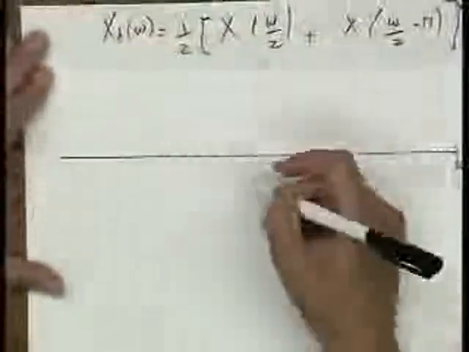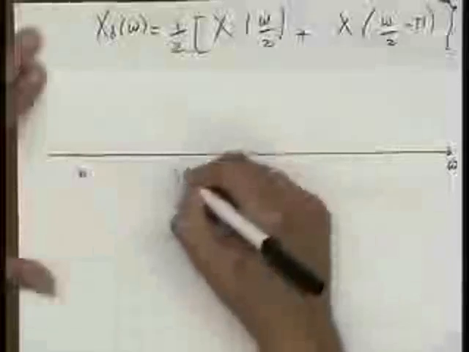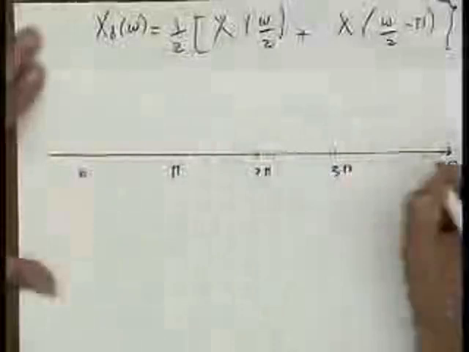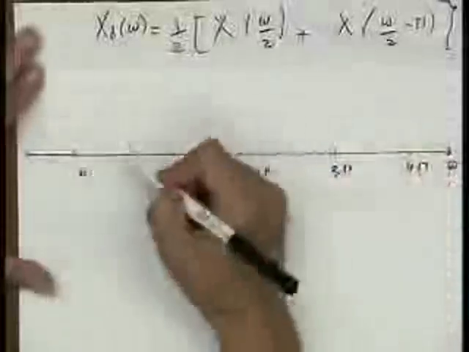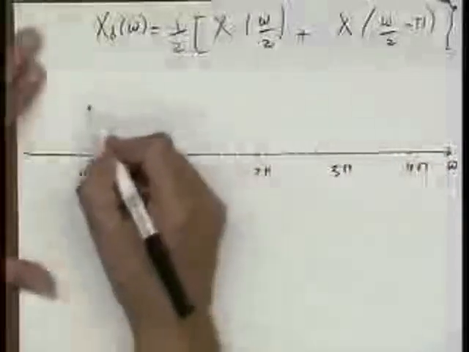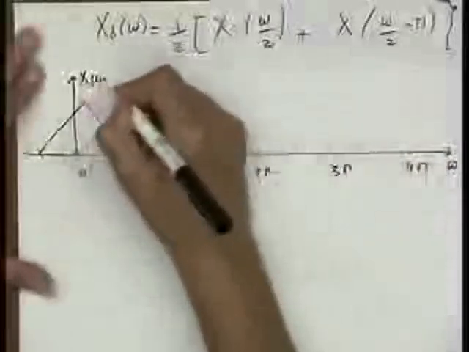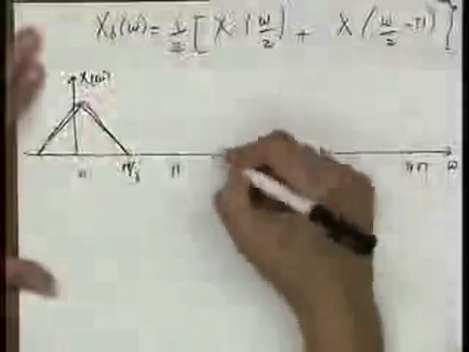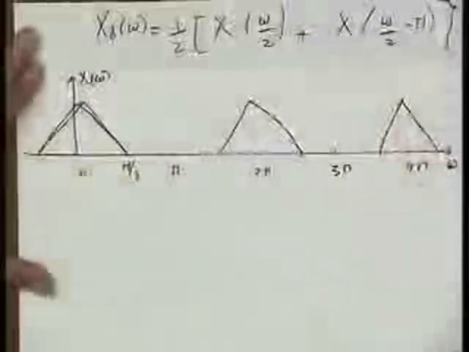As a function of omega, this is 0, pi, 2 pi, 3 pi, 4 pi, and suppose I had an X of omega that went all the way to pi over 2. And the same thing here, and the same thing here.